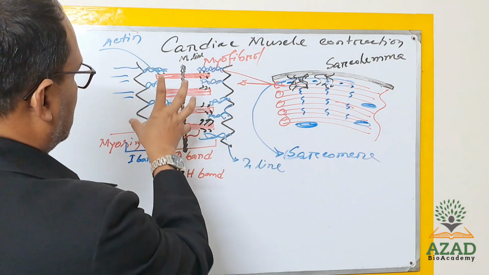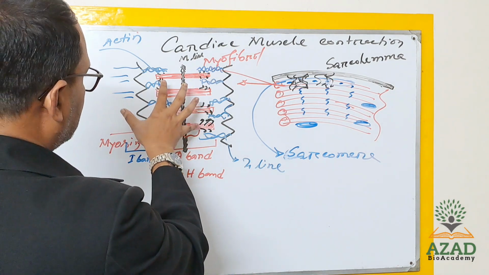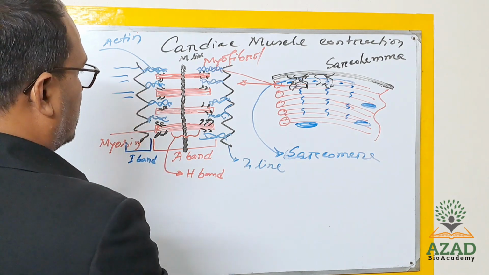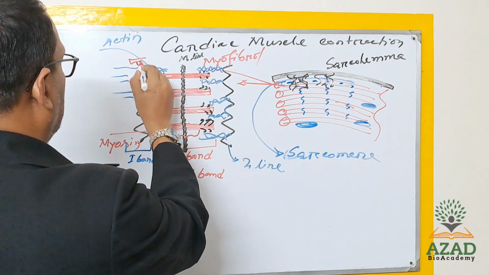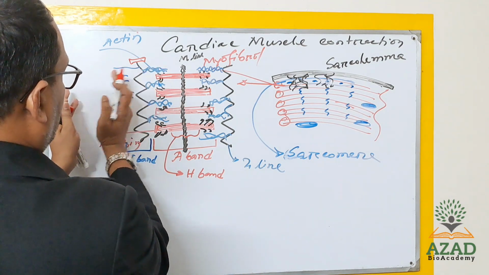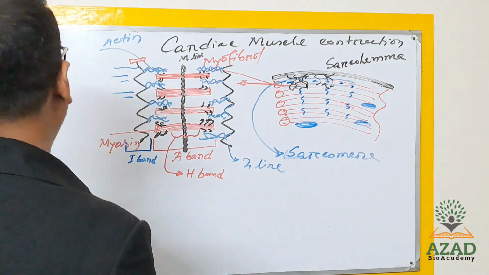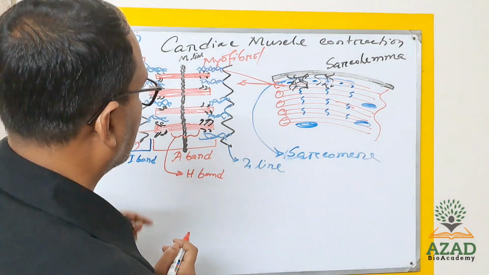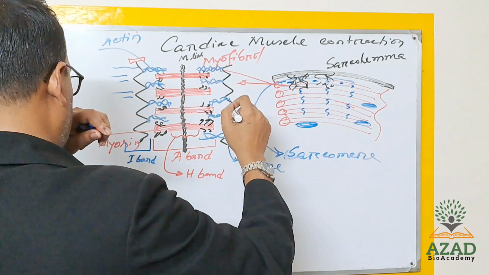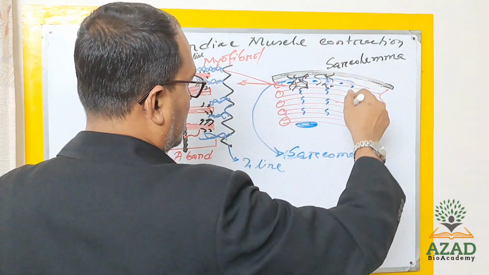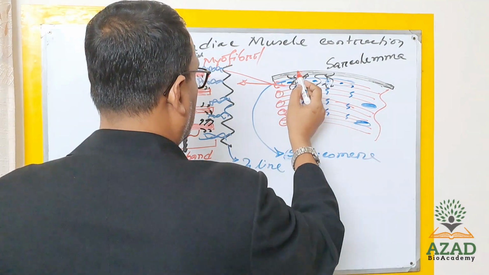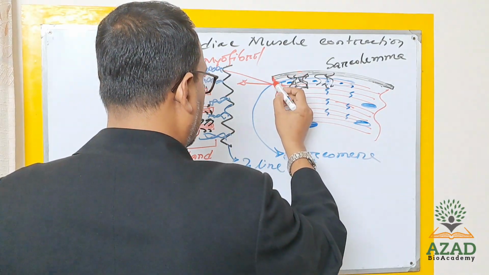If you think here, this is the Z zone, that part, and just beside the Z zone, from the sarcolemma, there are different gap junctions, and you can think they are part of the membrane.